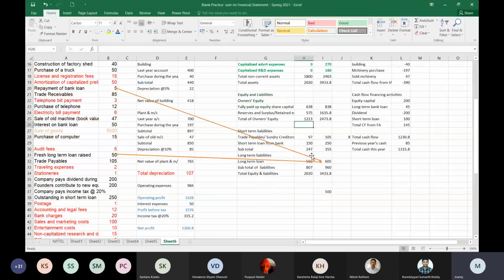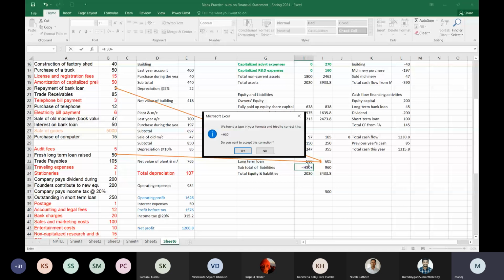Fine. Then subtotal of liabilities, subtotal of this is equal to this plus this, and then long-term liabilities, this plus this. Long-term liability, long-term loan is... subtotal liability is equal to subtotal plus this, sorry.